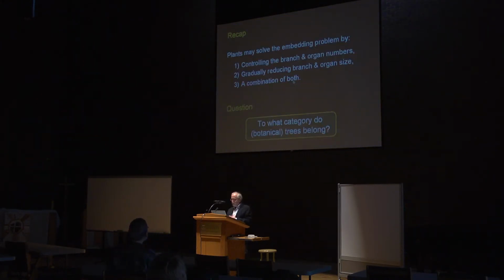So the question was, to what category do botanical trees belong? Whether they manage to be embedded in space without overflowing, which is not possible, by reducing the size of their branches, or by controlling carefully which buds are going to produce new branches.